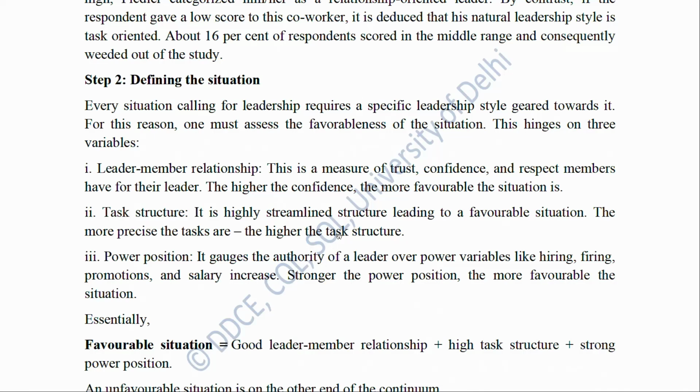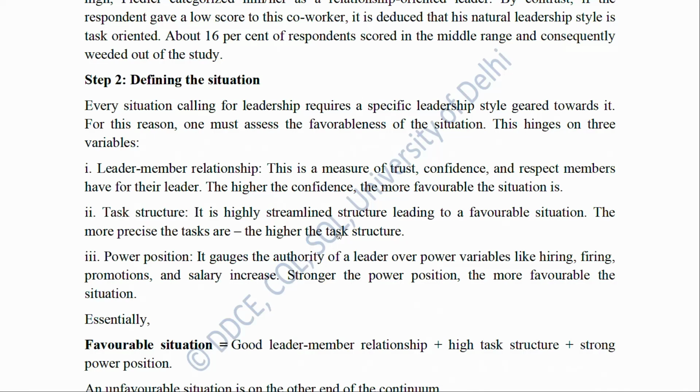Second, task structure. A highly streamlined structure leads to a favorable situation. The more precise the tasks are, the higher the task structure. Last, power position. It gauges the authority of a leader over power variables like hiring, firing, promotions, and salary increase.